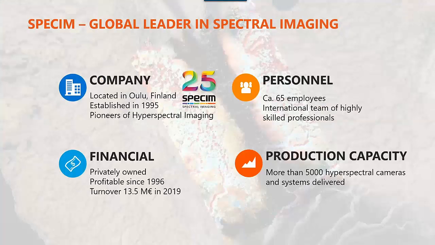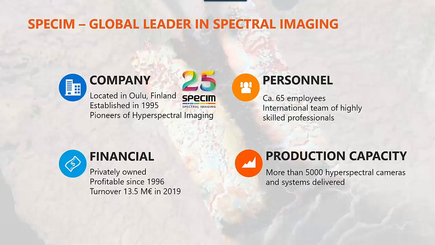As I mentioned earlier, the company was founded 25 years ago, so we are one of the pioneers of commercial hyperspectral imaging. At the moment, we have 65 employees, so we have a very highly skilled international team of professionals working for us.